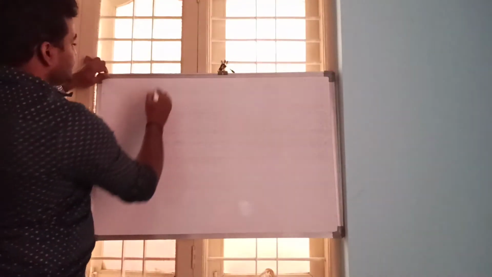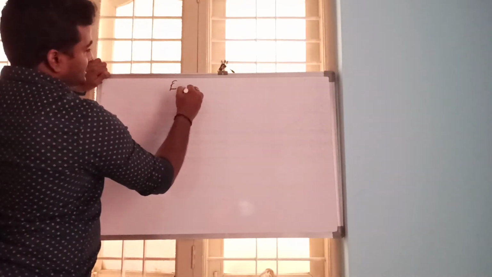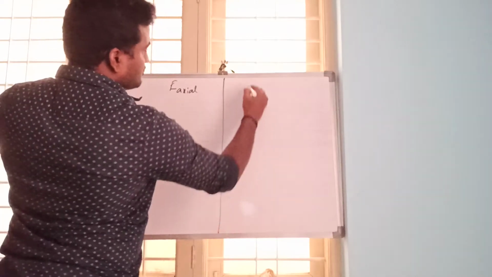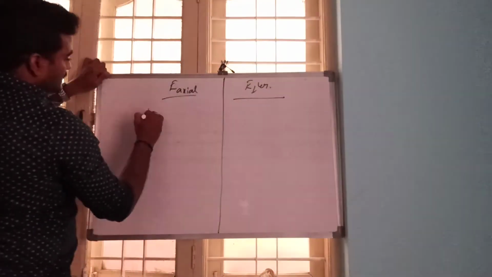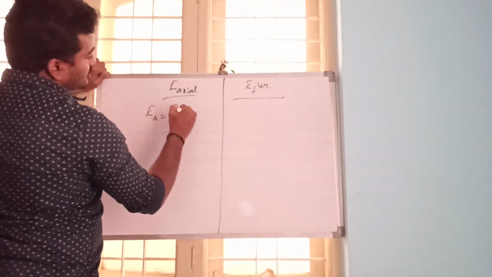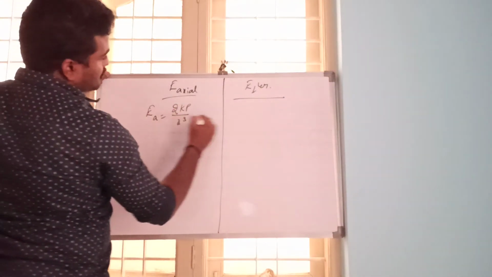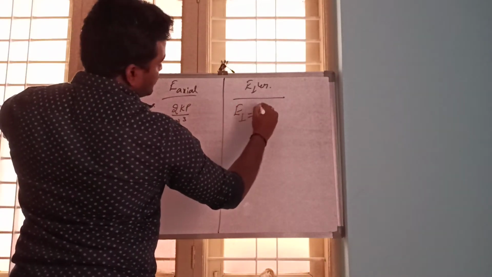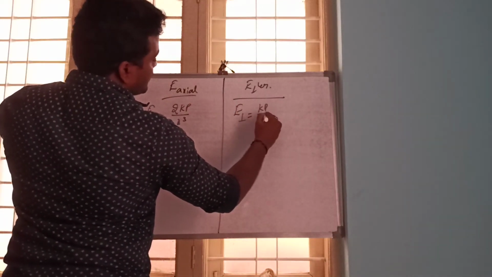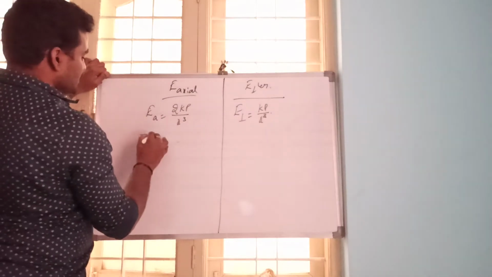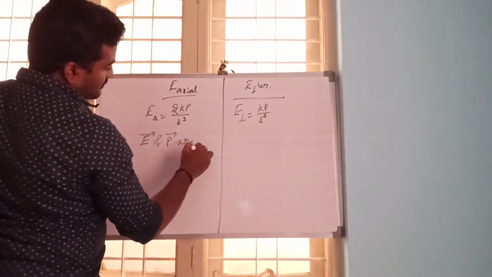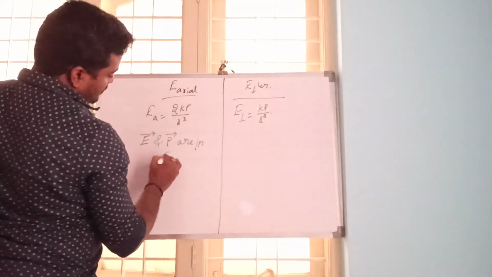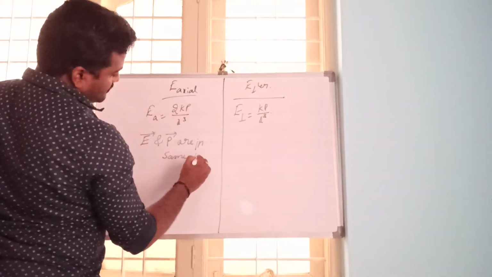So let us summarize the E perpendicular and E parallel. E axial equals 2kp upon x cube. E perpendicular equals kp upon x cube. E bar and P bar are in the same direction for the axial case.